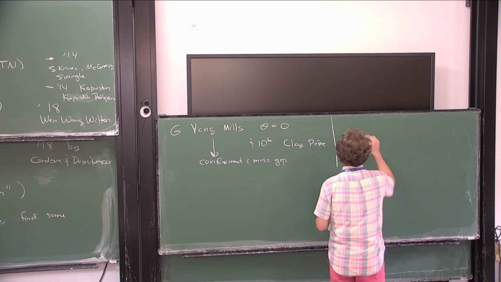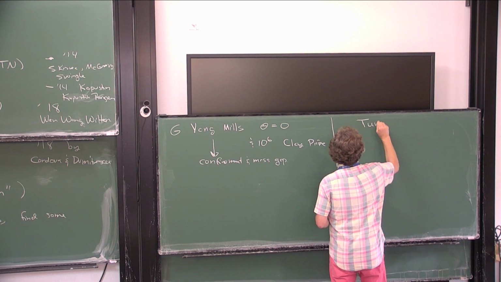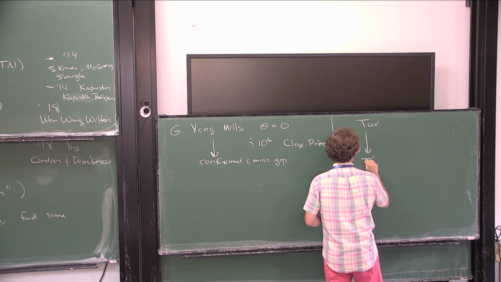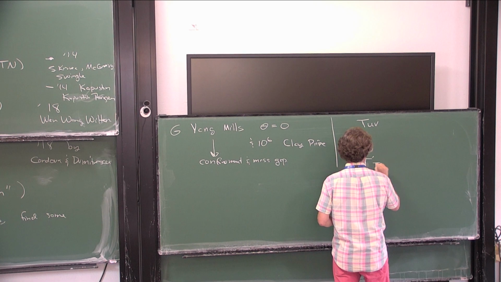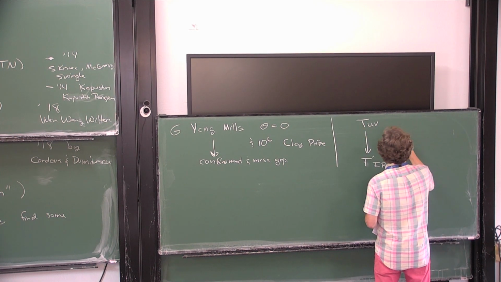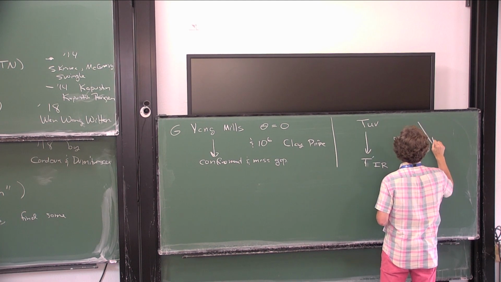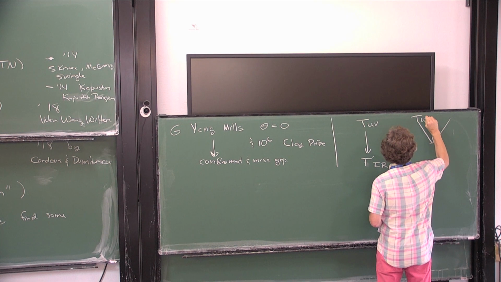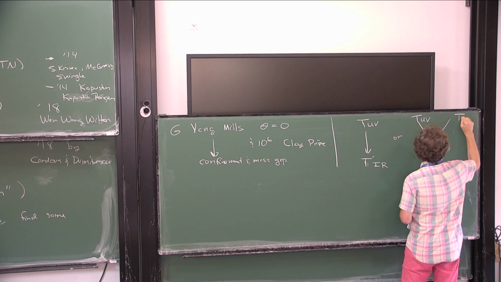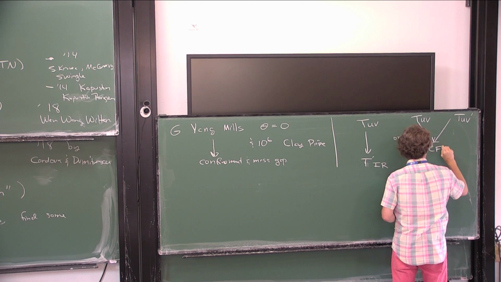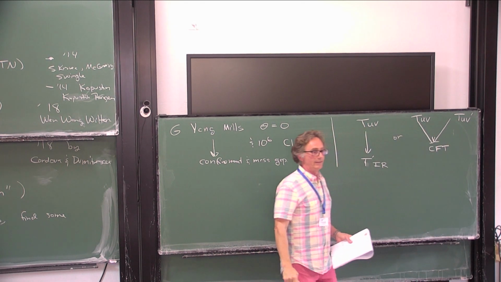Other examples are we can start off with some theory in the ultraviolet, and we could get some different looking theory in the infrared, or another example is we can have one theory in the ultraviolet or another theory in the ultraviolet, and it could flow to some conformal field theory in the infrared.